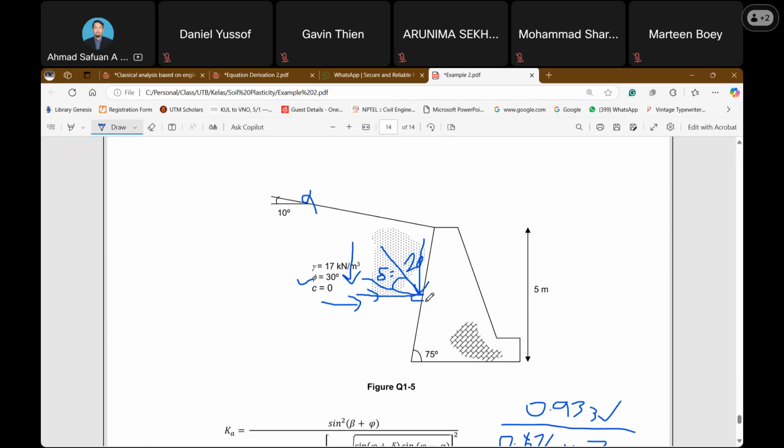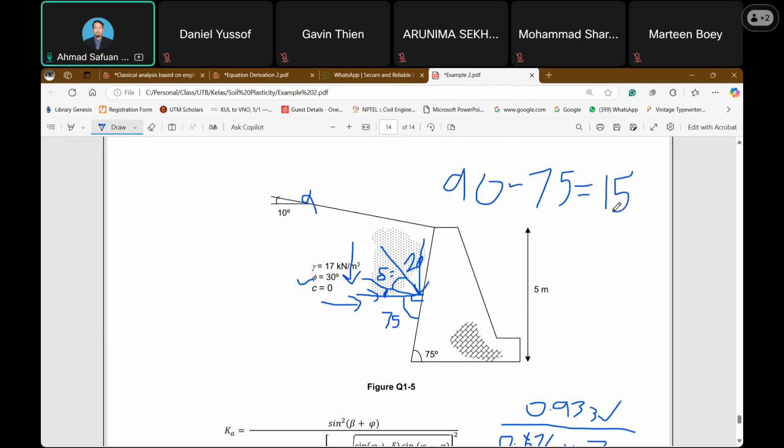Since it is 90 degrees, we have the beta angle of 75. So from here, this also should be 75. So we need to know the remaining angle of this one. So 90 minus 75, it is equivalent to 15.